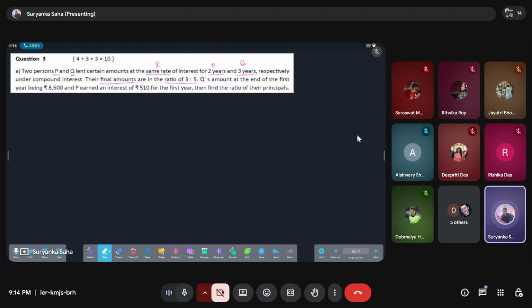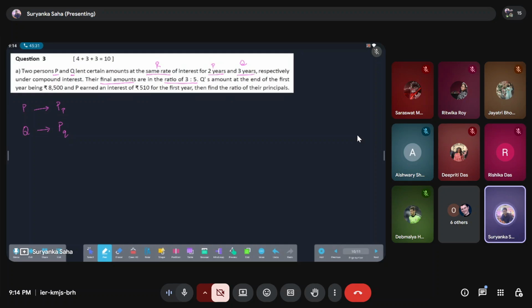Let me do up to this. First of all, P is principal. The principal of P, I am taking it as PP. The principal of Q, I am taking it as PQ. Now P will be invested for 2 years, so I will add the interest of P for 2 years.